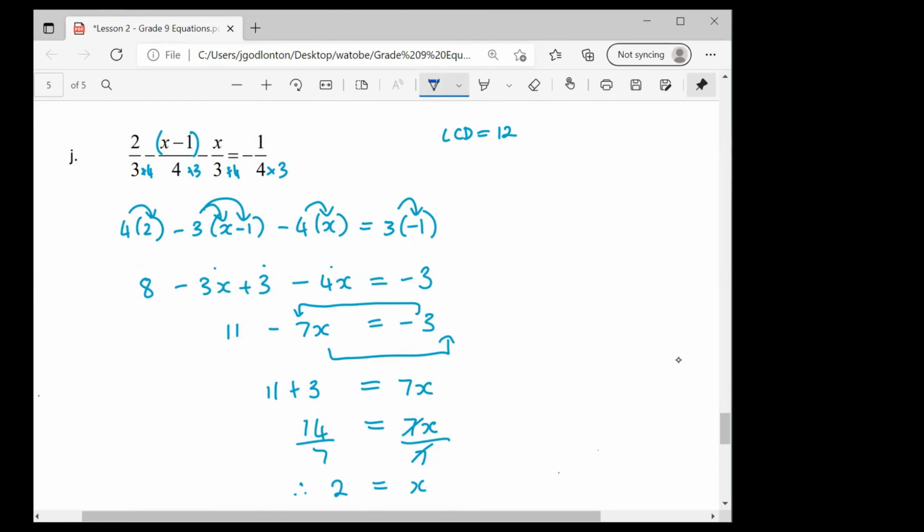Either when you moved something across, you didn't change it from a plus to a minus, which is also possible. Can you just make sure that this is a positive 3 on yours? Yes, it is. Okay, then it really is just an adding error. Thank you. That's best case scenario. So that's a good thing.